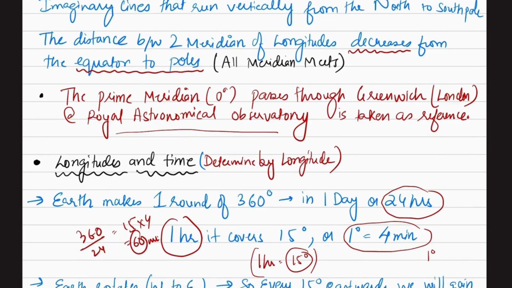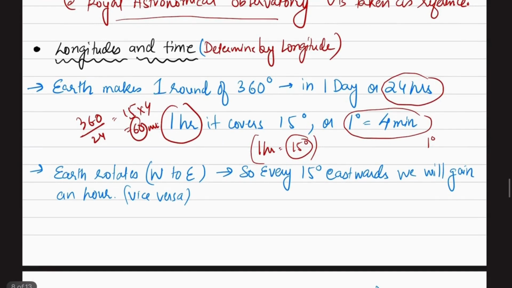सो लॉन्गिट्यूड एंड टाइम्स हैज़ अ रिलेशन। जैसे एक अर्थ को राउंड लेने में 24 आवर्स लगते हैं, it rotates 24 hours, 360 degree on its axis. So what we have done is this, जब हम 1 आवर के लिए लॉन्गिट्यूड निकालेंगे, तो it comes around 15 degree.